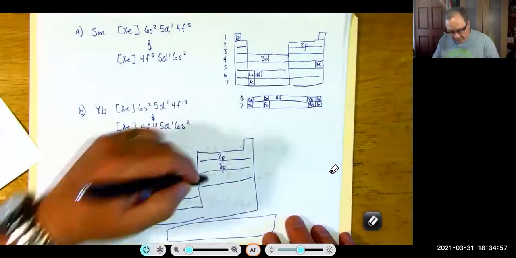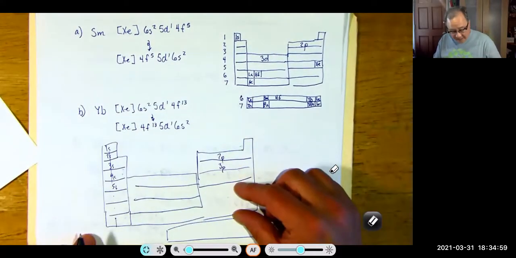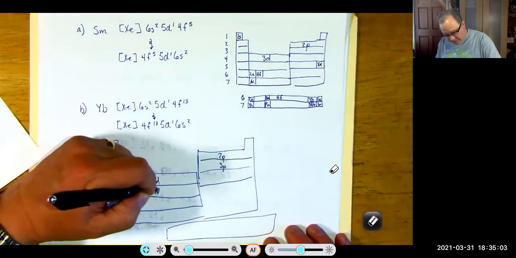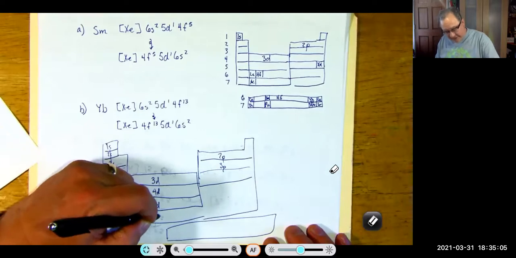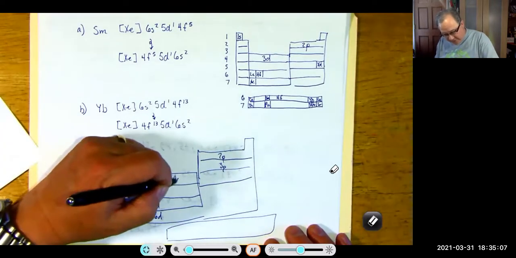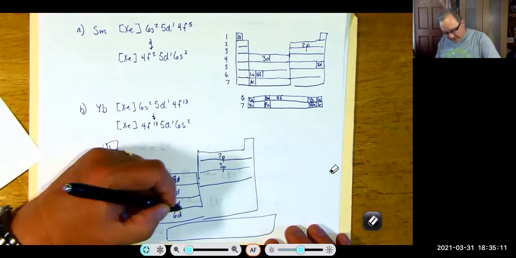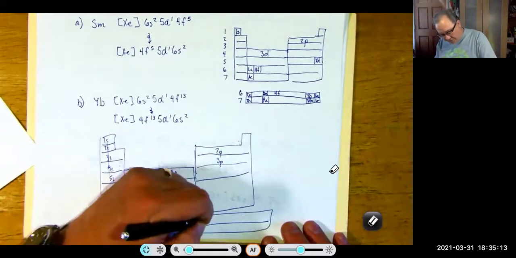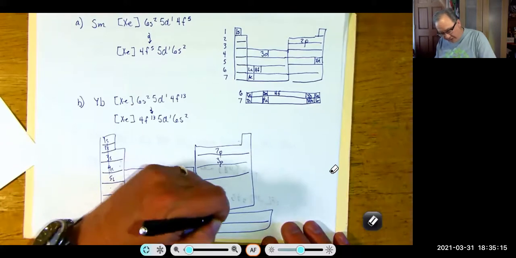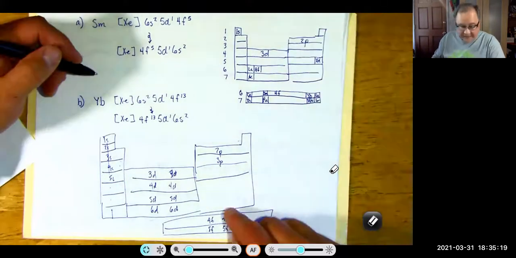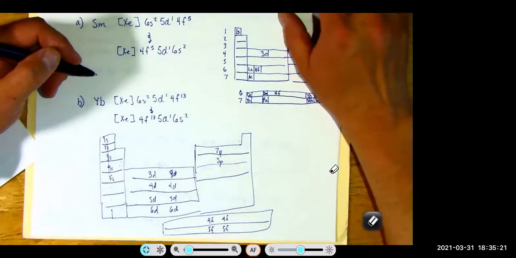Here you might want to just go 3d, 4d, 5d, 6d, and then do it again. 3d, 4d, 5d, 6d. And then down here, go 4f, 5f, 4f, 5f. You can probably just make one periodic table and just do it again and again.